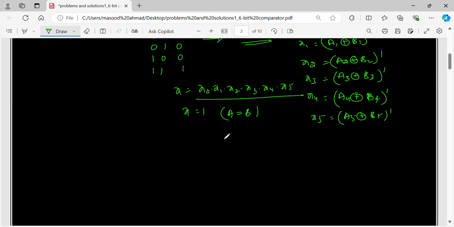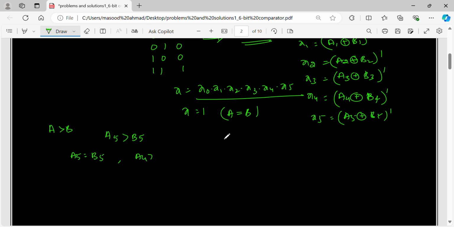Okay. So next we look for the other conditions. What is A greater than B? If A5 is greater than B5, I can say that it is A greater than B. If A5 is equal to B5, then I look at the next.